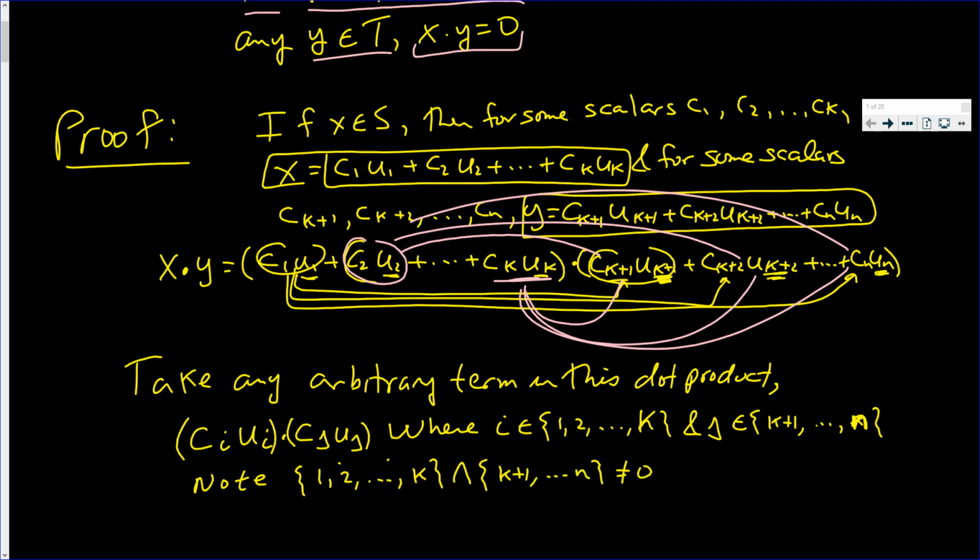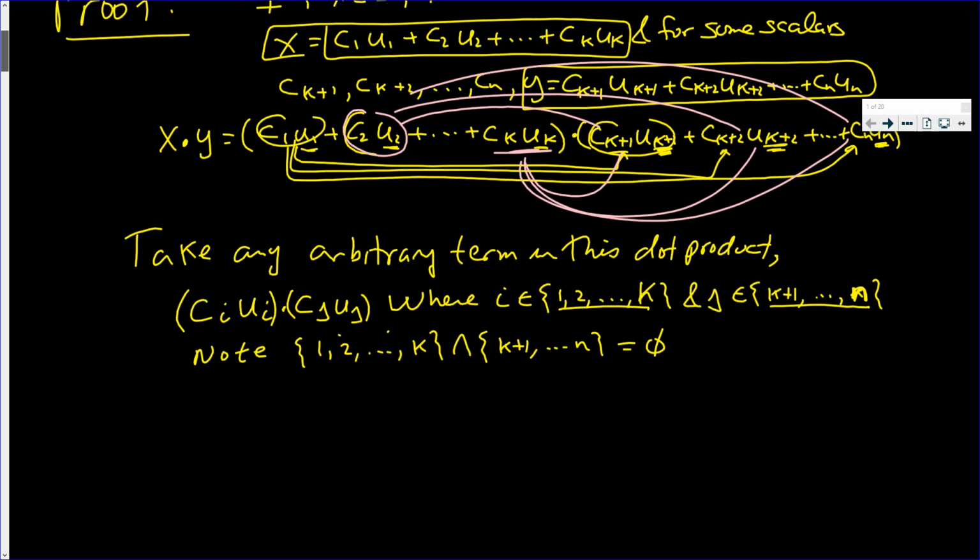They have no elements in common. Their intersection equals the empty set. I mean, after all, this is 1 through 50, the integers, and this is from 51 to 100. They have nothing in common.